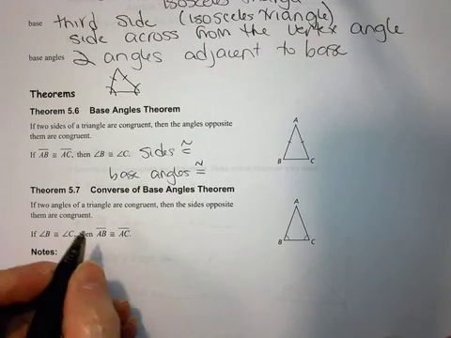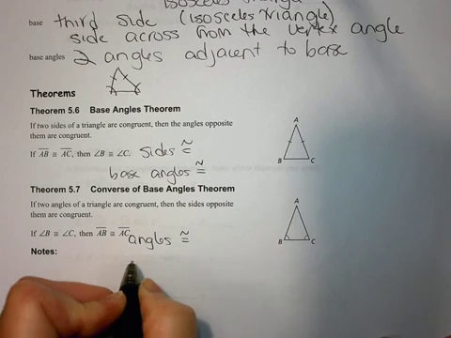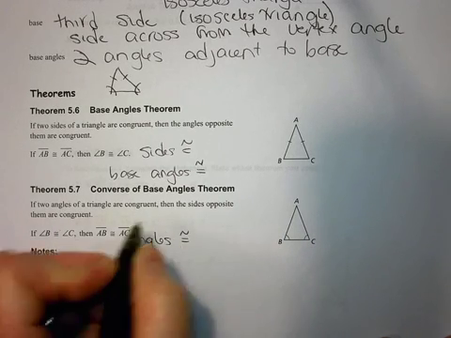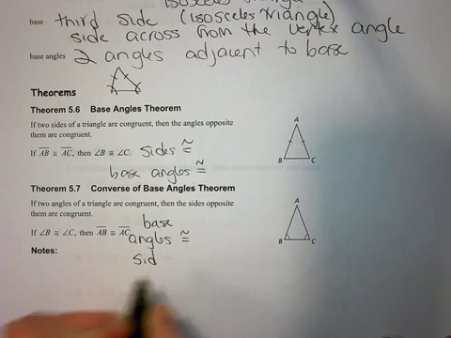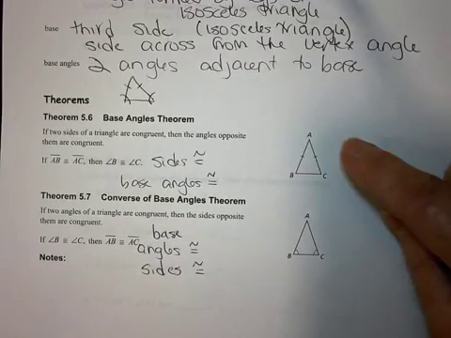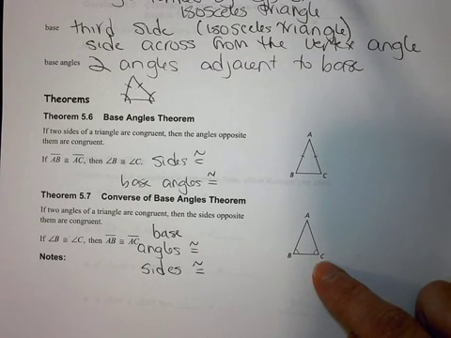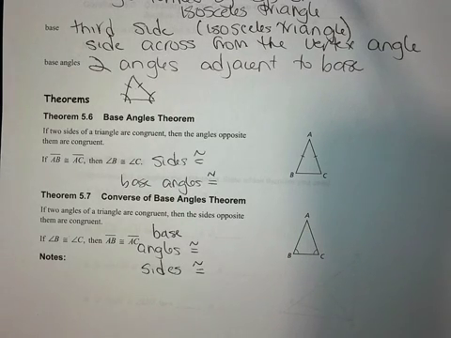And the second theorem, you start with angles being congruent and you make the sides congruent. So the initial one, base angle, starts with sides and makes angles congruent. The converse starts with angles and makes sides congruent.